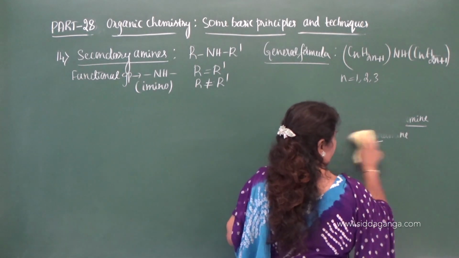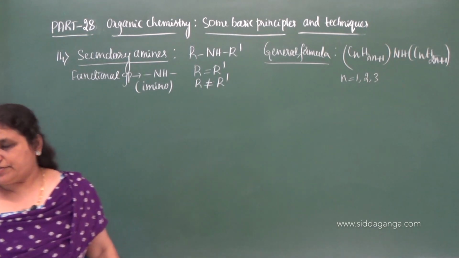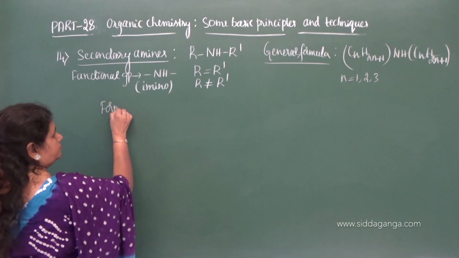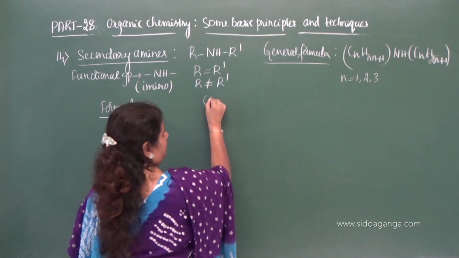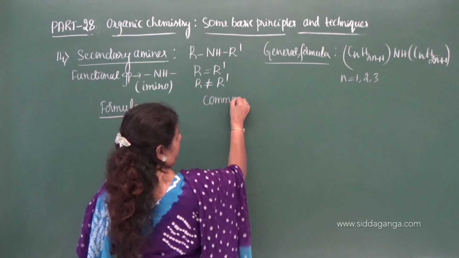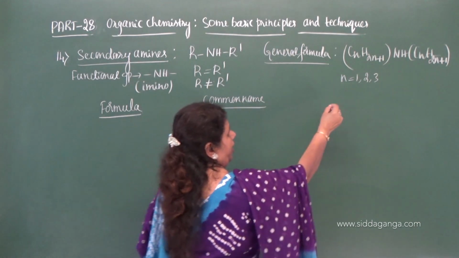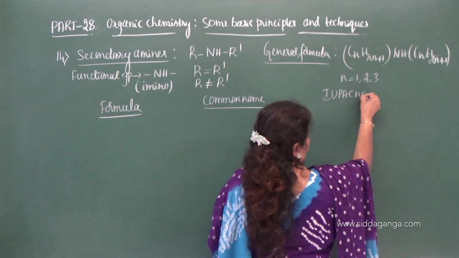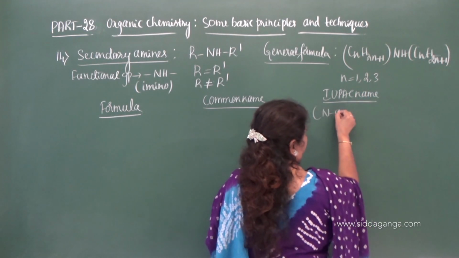Take down the examples. Make 3 columns again. First one is formula, common name, and IUPAC name. What's the IUPAC name that we are going to write?